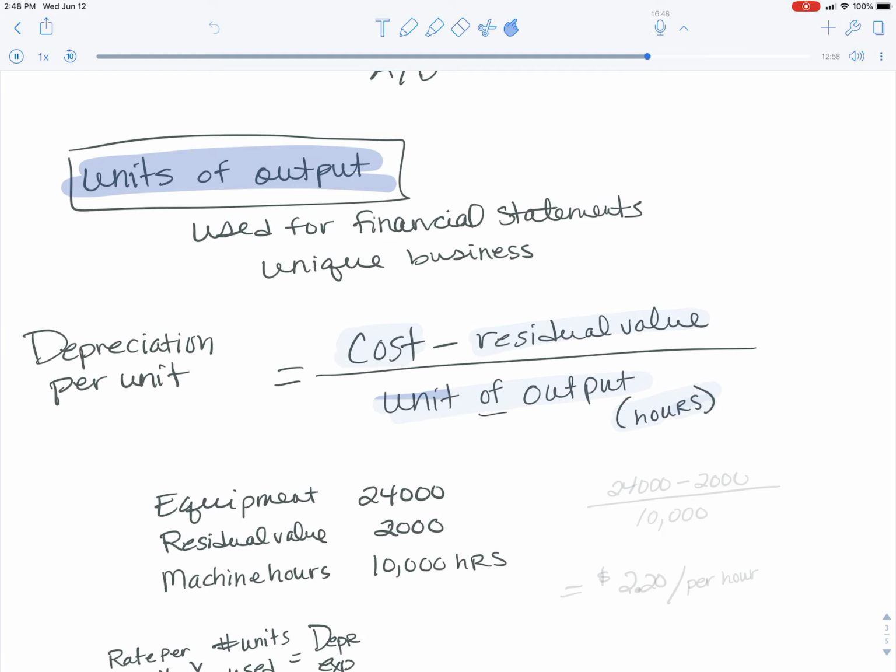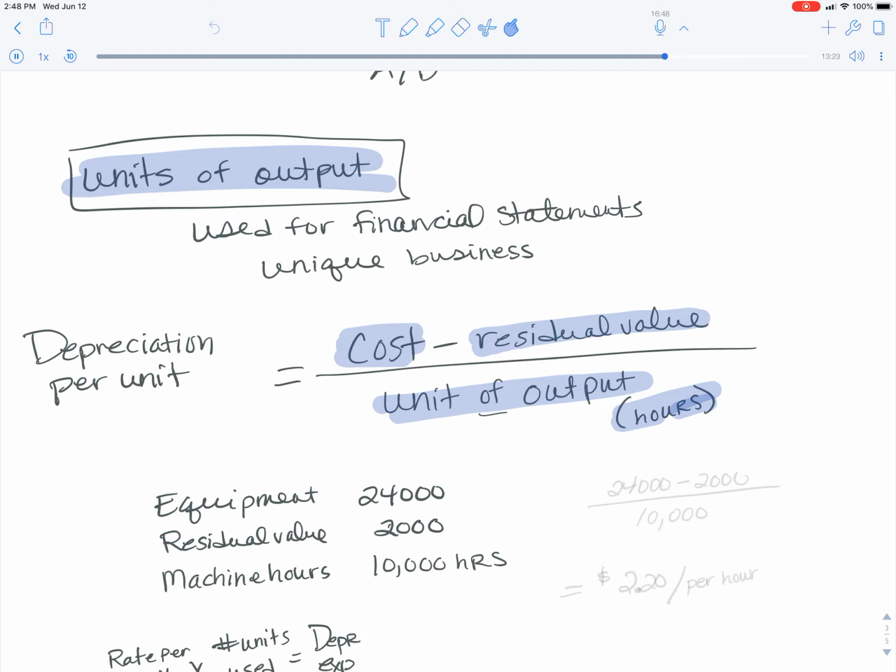So this formula looks pretty similar to straight line, where our numerator is going to be the same, cost minus our residual or salvage value. But in units of output, we're going to divide it by some type of unit number. Typically, it's going to be machine hours.